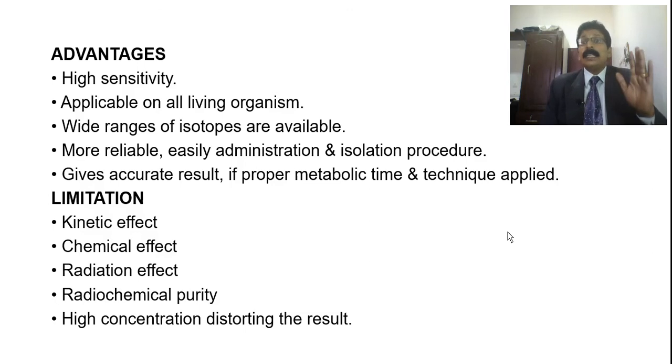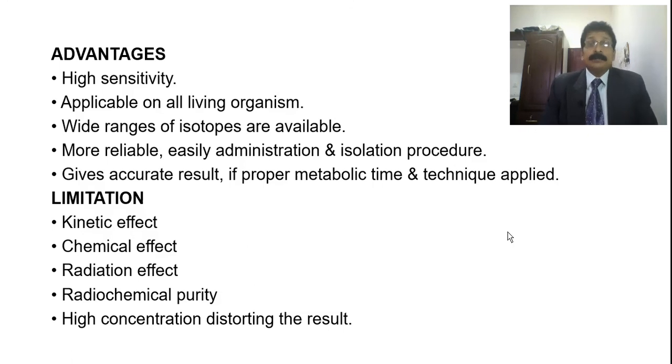What are the limitations? Limitations means all the disadvantages or demerits, all the things which cannot be done. Sometimes there can be a kinetic effect that may affect the experiment, a chemical effect, or a radiation effect, that is light radiation effect.